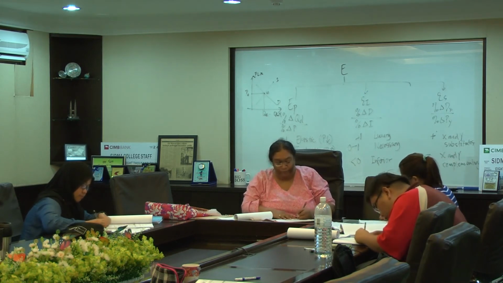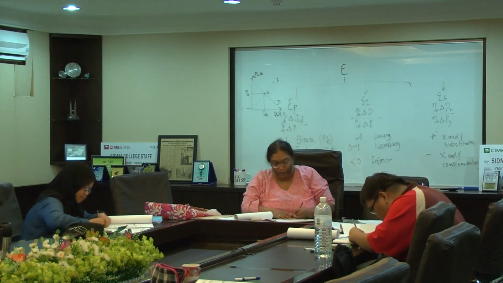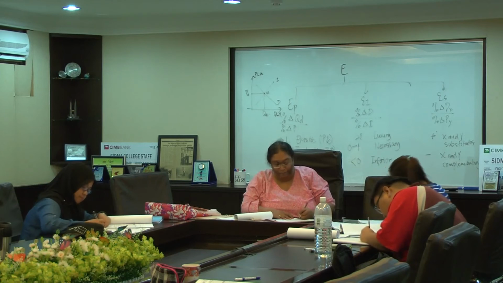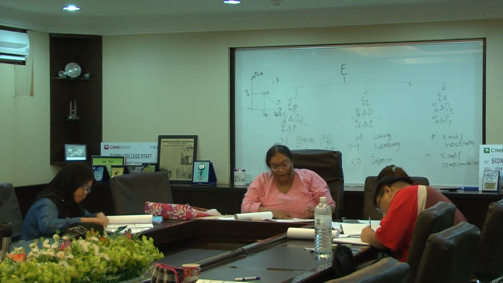Shift to right, correct? To where? D1. So quantity at, you must write the at what? At 8 ringgit or at P equals to 8, correct?